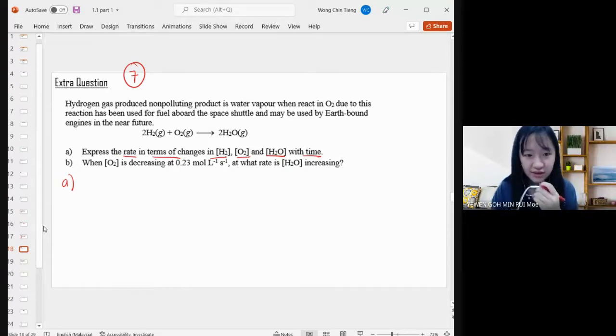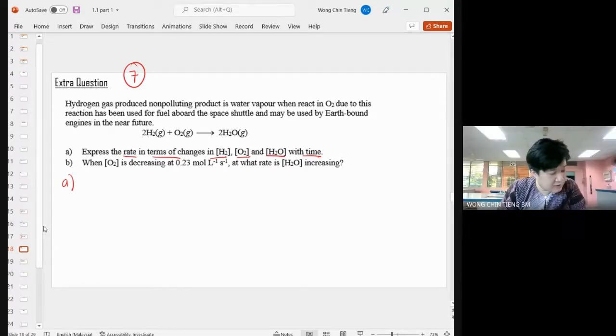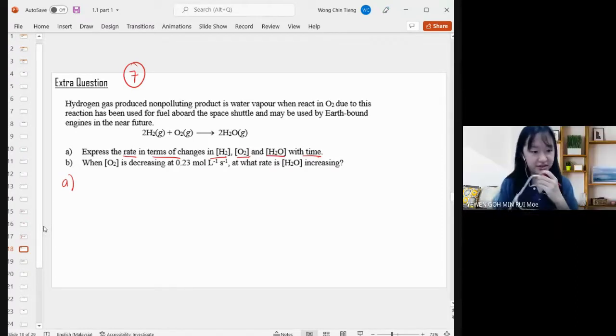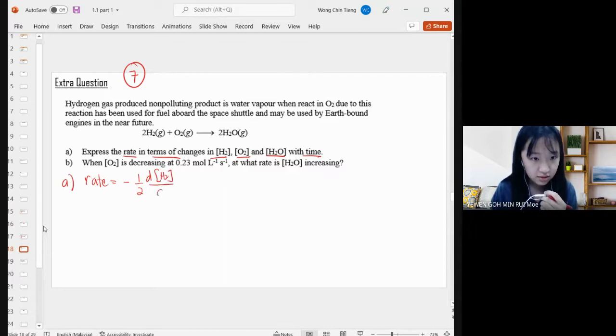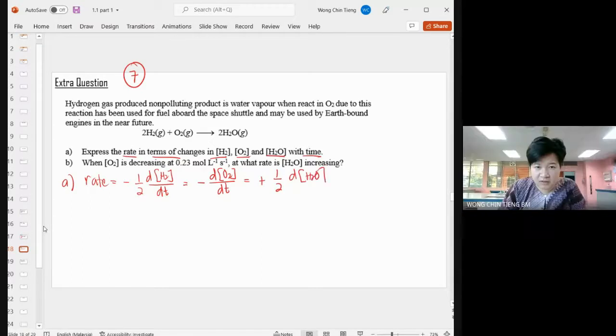Differential rate equation. Can you write the differential rate equation, please? Rate equals negative 1/2 d[H2]/dt equals negative d[O2]/dt equals positive 1/2 d[H2O]/dt. Thank you.